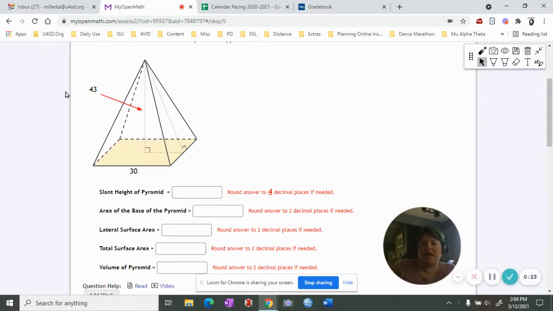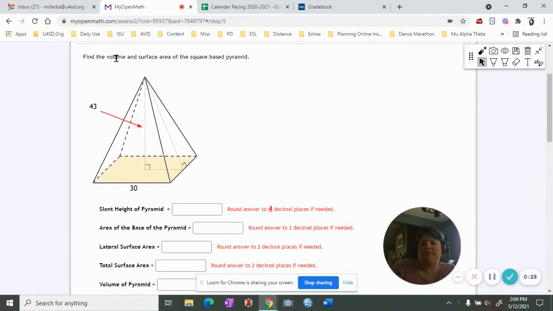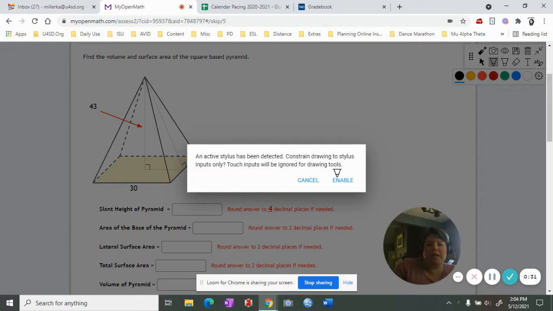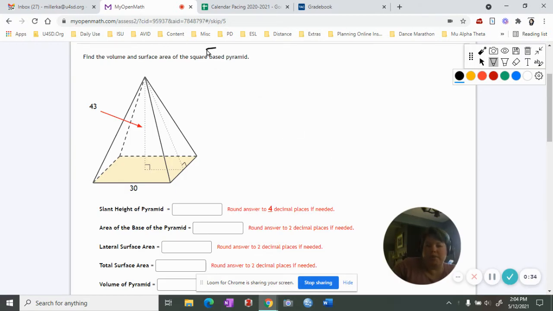First thing I want to highlight here is that we are finding the volume and surface area of a square-based pyramid. This component is super important because this tells us how to find our base area.